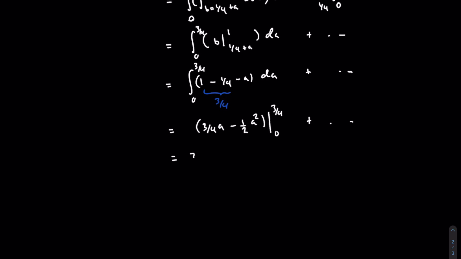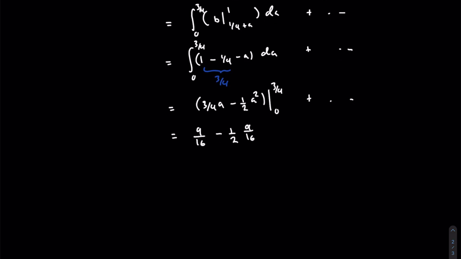Now we have 3/4 times 3/4, that's 9/16, and minus a half, and that's the same thing, 9/16.